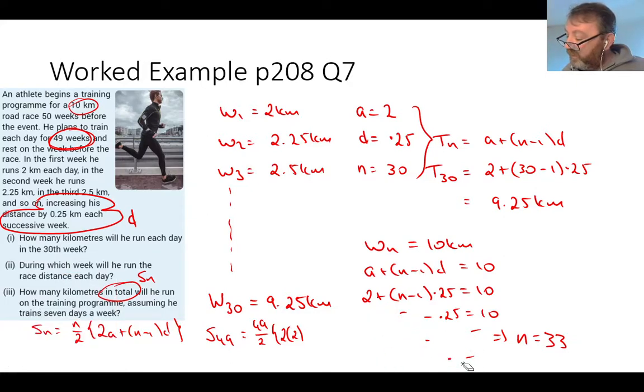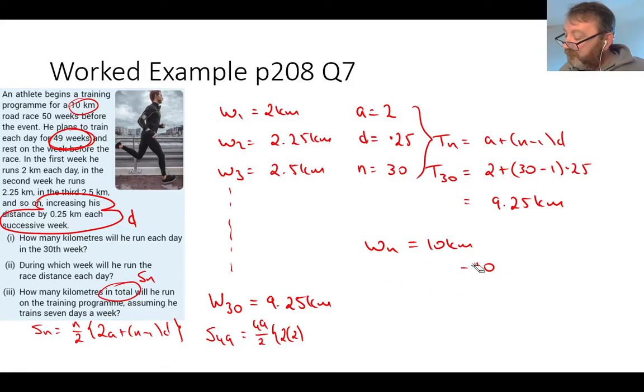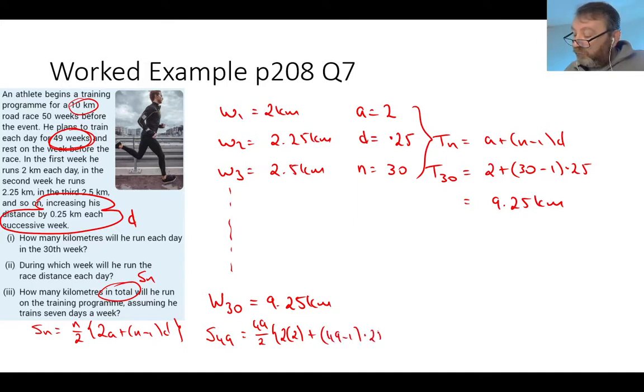Give myself a bit of space. Okay. Now it's better. More breathing space. So S of 49 is 49 over 2 times 2a plus n minus 1, that's 49 minus 1 times the common difference, 0.25.